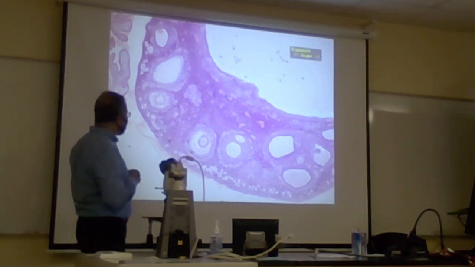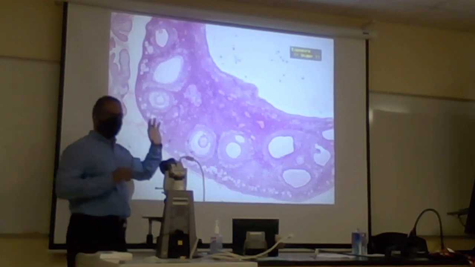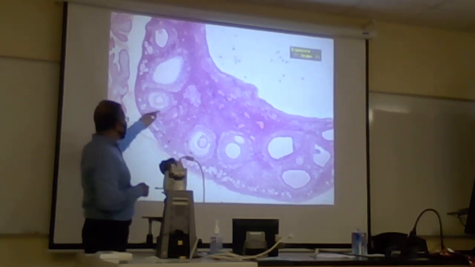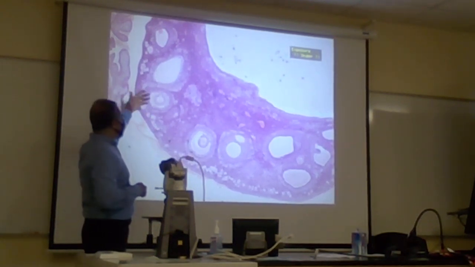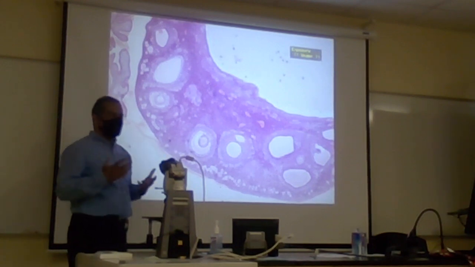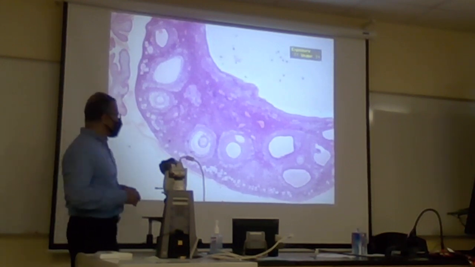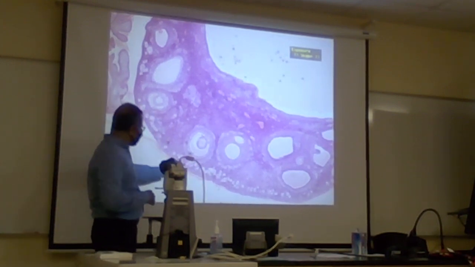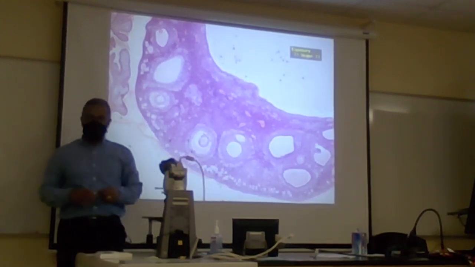This is also a tertiary follicle, not quite there yet, but you can call it a tertiary follicle or a Graafian follicle. Kind of like an advanced secondary, moving into the tertiary follicle. See all of these guys here. What are these? Primary and primordial.